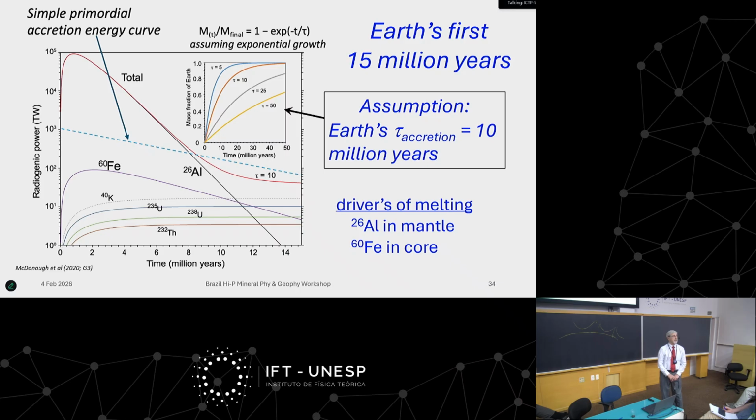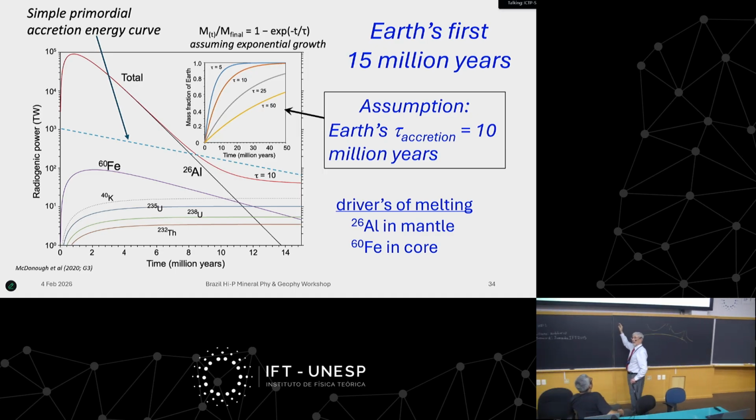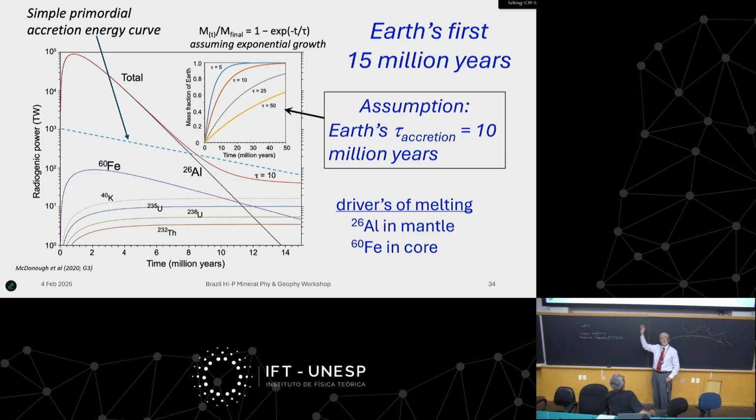Final thought of the day. What I can do on the x-axis here is 0 to 15 million years after T0. So in the first 15 million years of Earth history, I can tell you how much heat was generated by radioactivity. And what you can see is aluminum-26 put the Earth on fire.